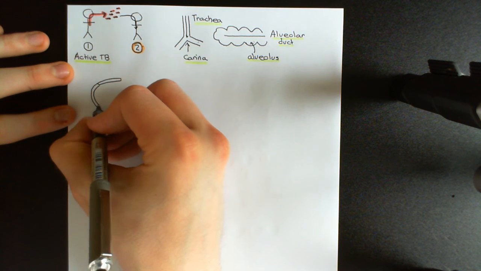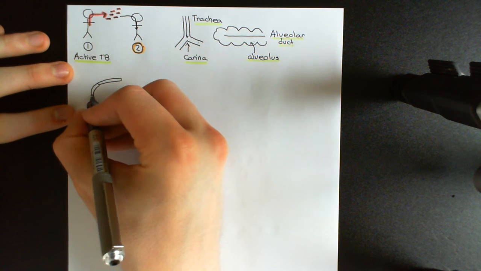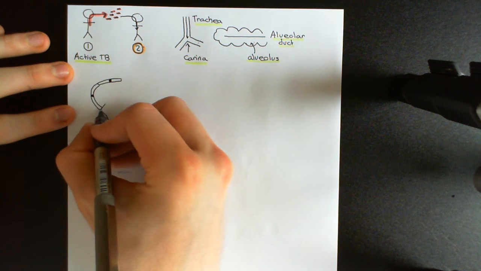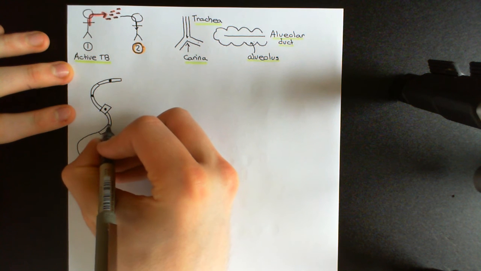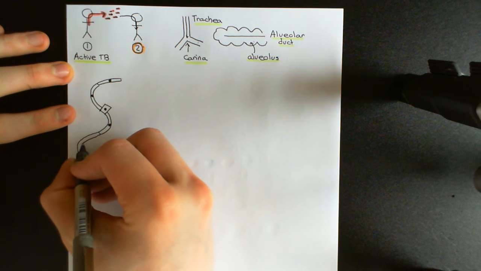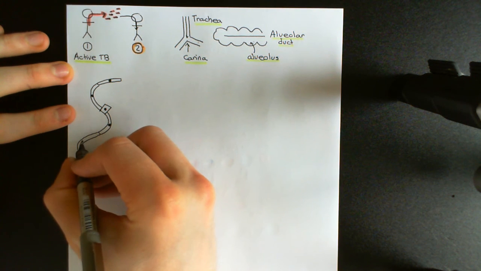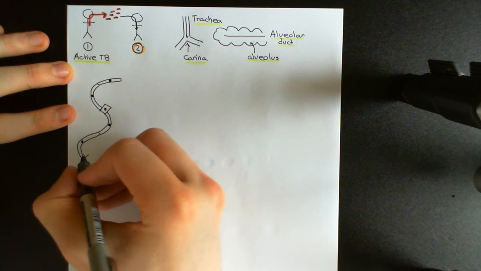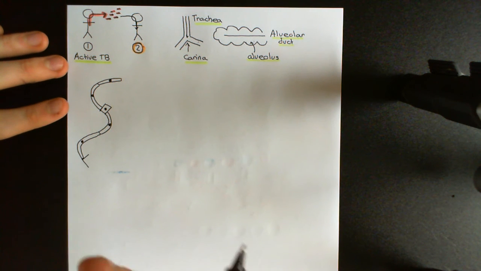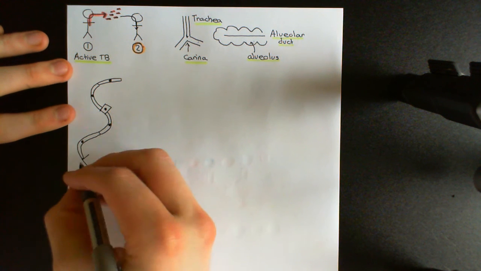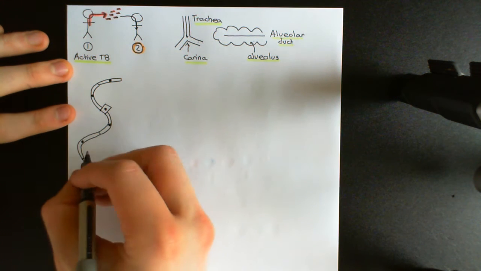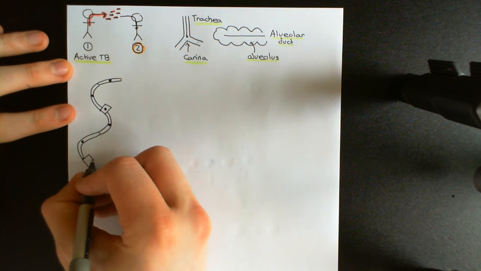There are squamous pneumocytes known as type 1 pneumocytes, and then there are much taller pneumocytes known as type 2 pneumocytes, of which I've just drawn one there, which are the pneumocytes that actually produce the surfactant, which is really important for keeping the alveoli from collapsing because of the surface tension of the fluid on the surface of the pneumocytes.